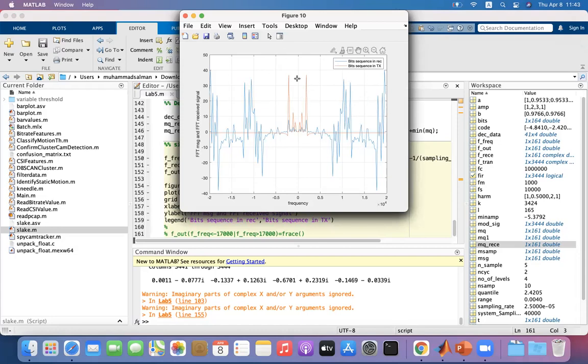So if you look at this one, you can see that the transmitted bits in the frequency domain look like this. Each spike shows us a frequency term. But when we were transmitting it, we did some processing. For example, we passed it through the AWGN channel, and the AWGN channel added some further noise terms, and those noise terms are high frequency terms.